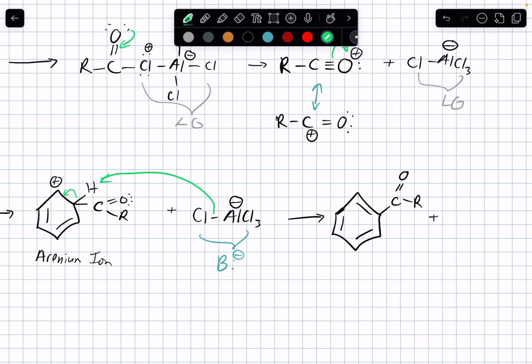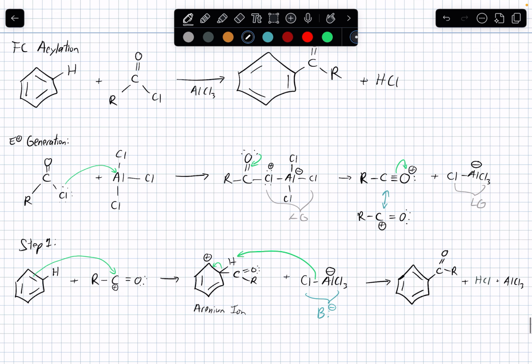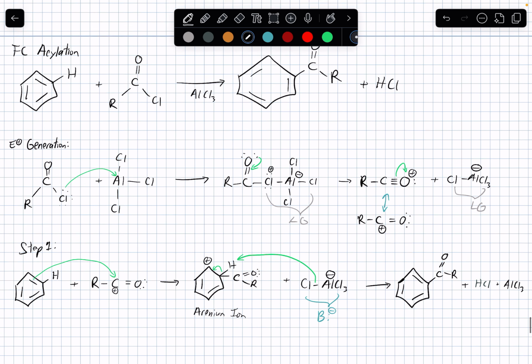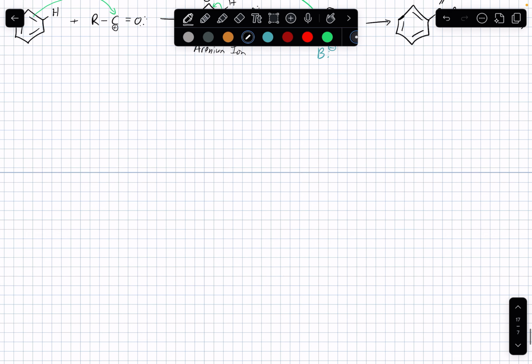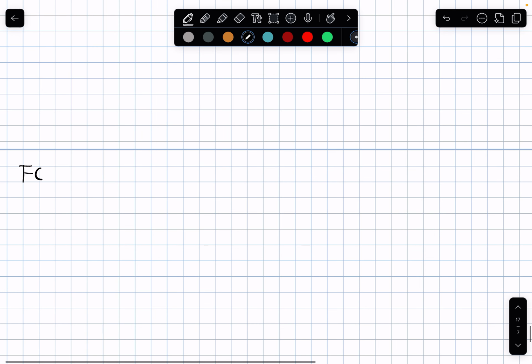Start from here. So we have HCl plus AlCl3. AlCl3 is reformed again. That's what we're trying to show. Okay, so that is for FC acylation. Let's now move on to FC alkylation.